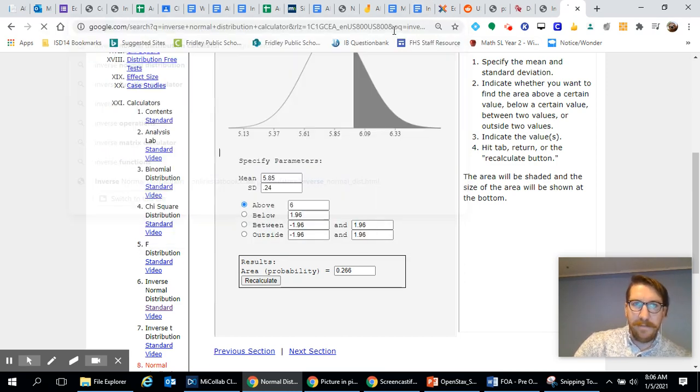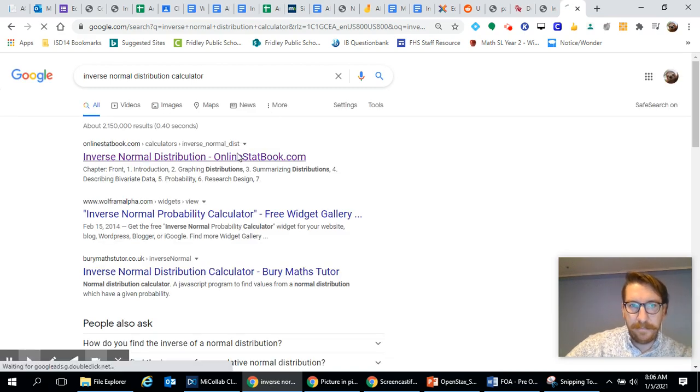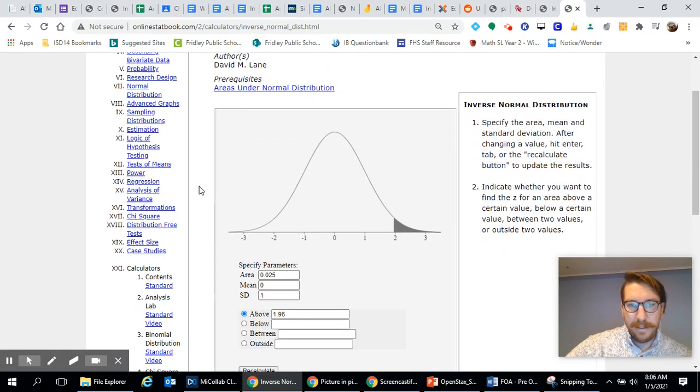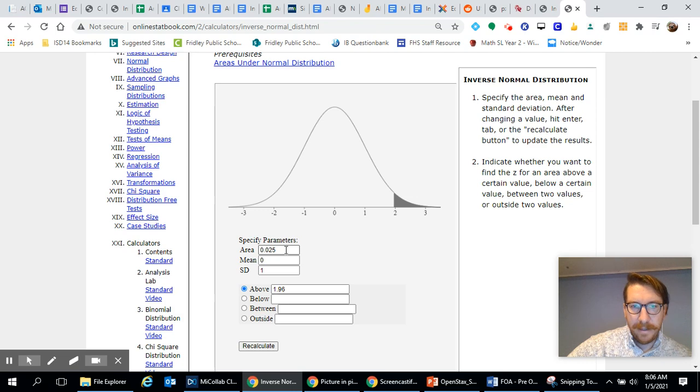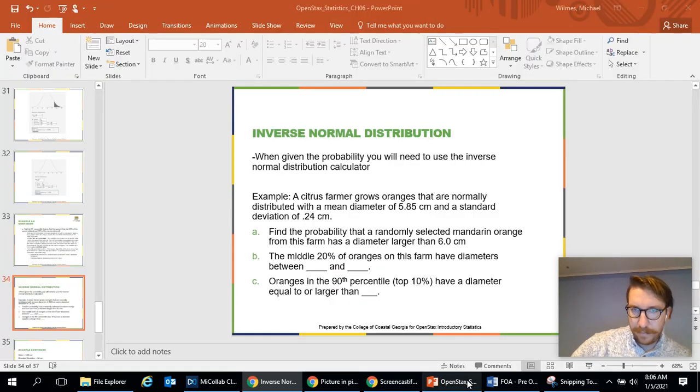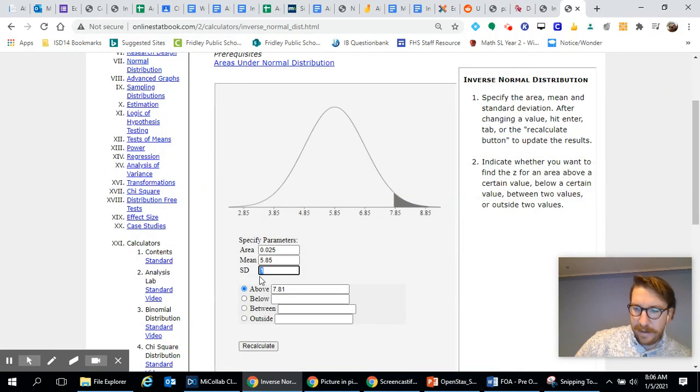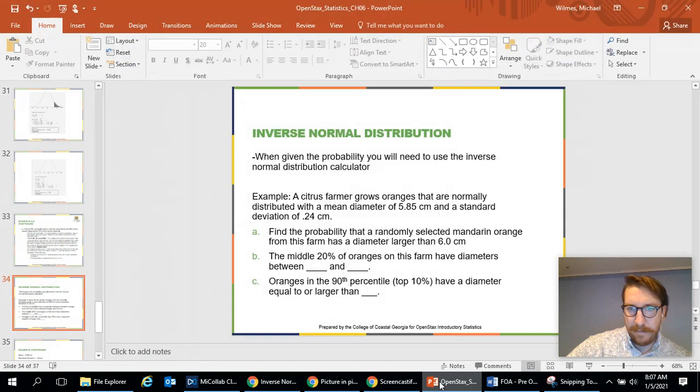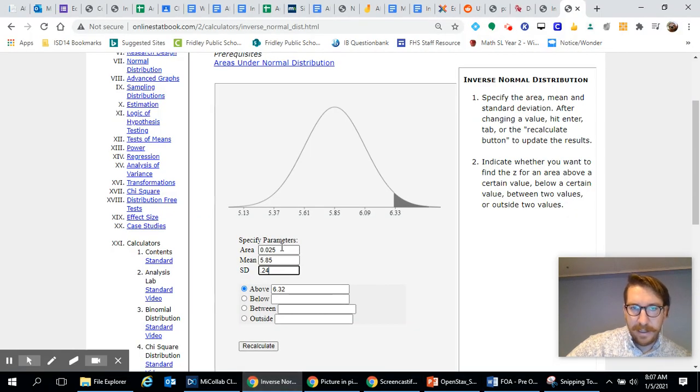Go and type in inverse normal distribution calculator. And here we type in the same information, our average, our standard deviation, and we are looking for the middle 20%. So the probability is 20%, so that would be 0.20.